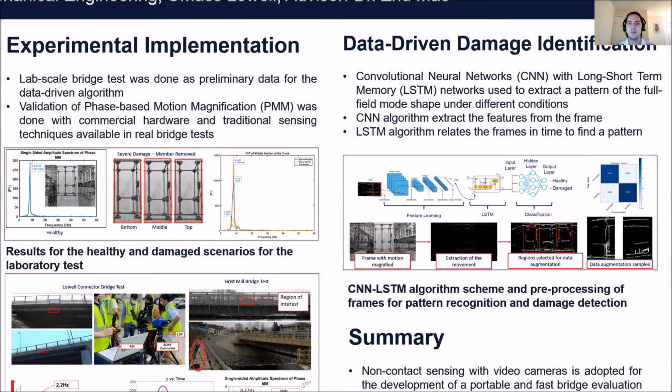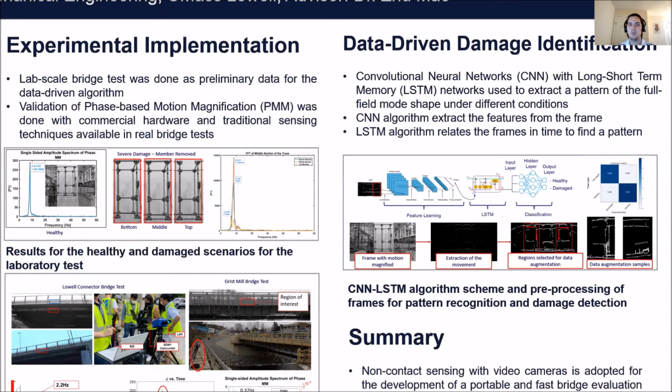As I mentioned before, we use this data extracted from the laboratory scale bridge to develop a data-driven or machine learning algorithm that could predict damage in the structure. For that, we combined two different neural network algorithms in order to extract the features from the frames and then extract the behavior of these frames in order to detect damage.